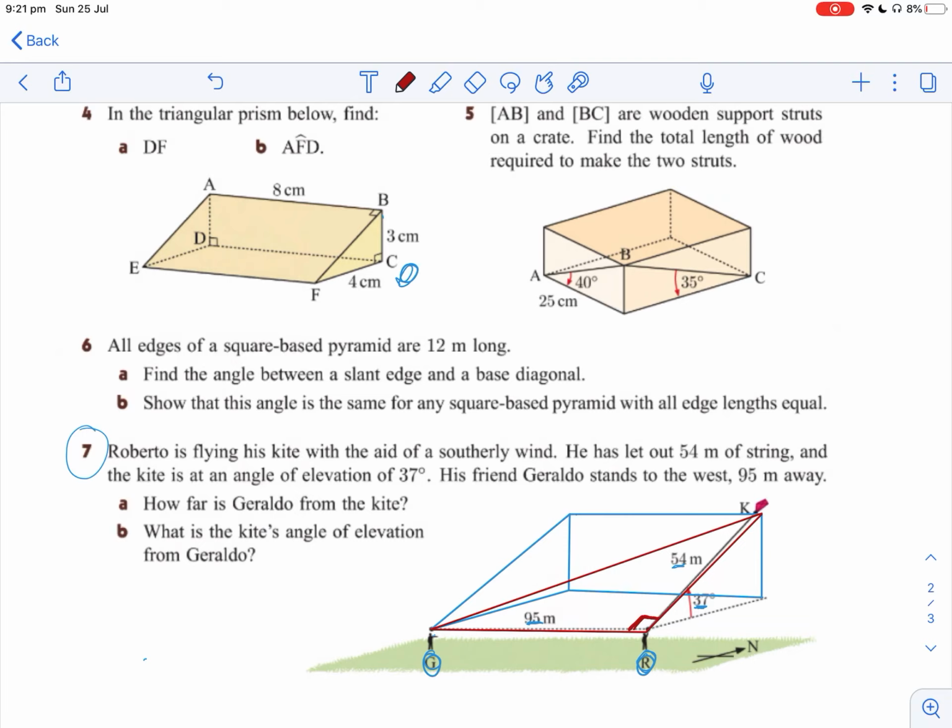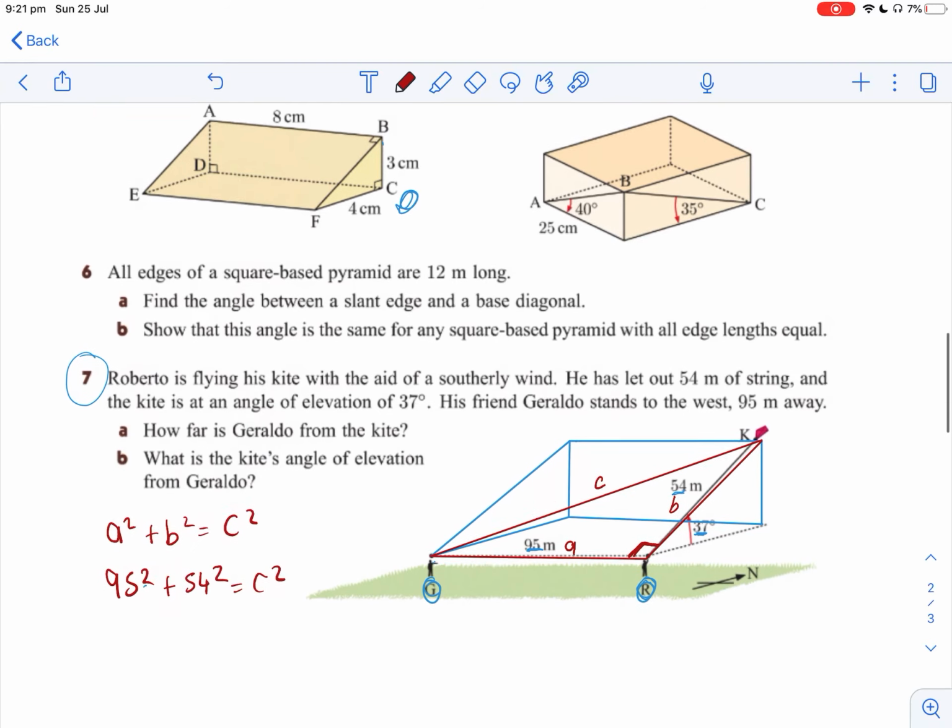So I would use Pythagoras. If I label this as C, this one as A, and this length as B, I can use A squared plus B squared equals C squared. So I've got 95 squared plus 54 squared equals C squared.